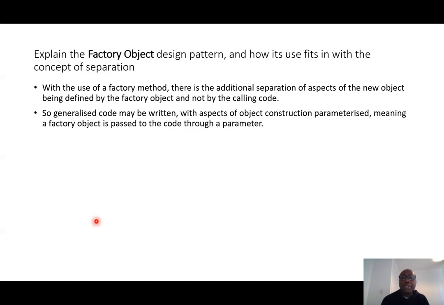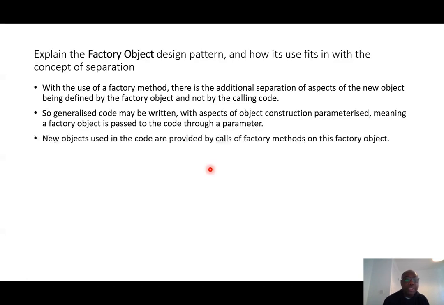With aspects of object construction parameterized, meaning a factory object is passed to the code through a parameter, you can pass a factory object as a parameter, and you can make it general because it inherits from other classes. New objects used in the code are provided by calls of factory methods on these factory objects.